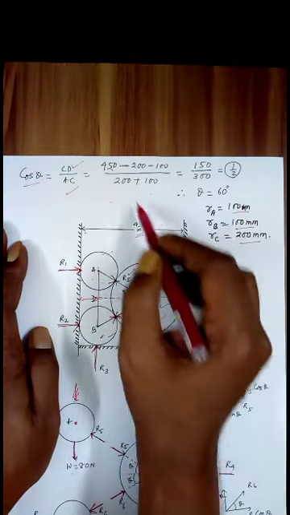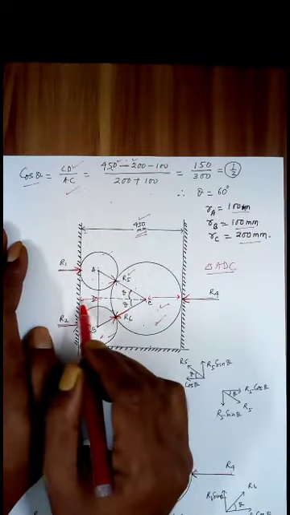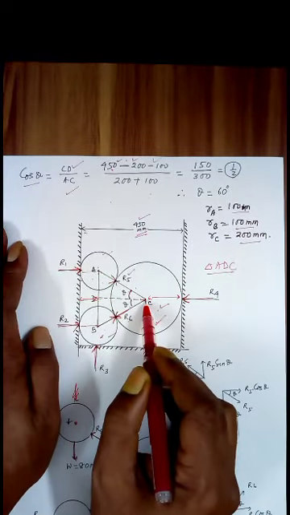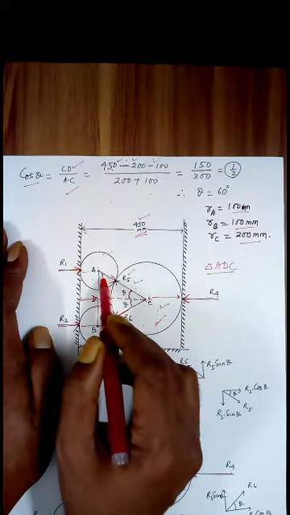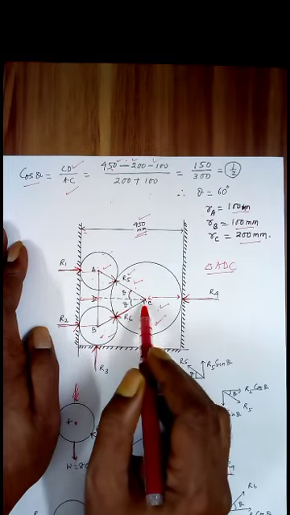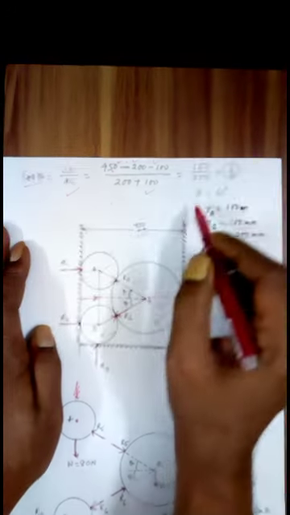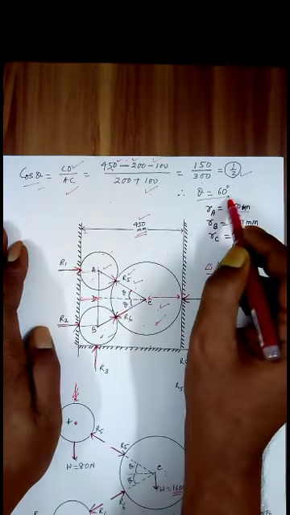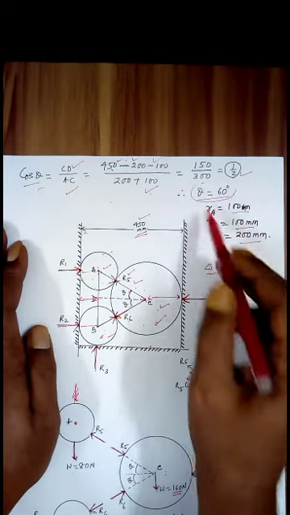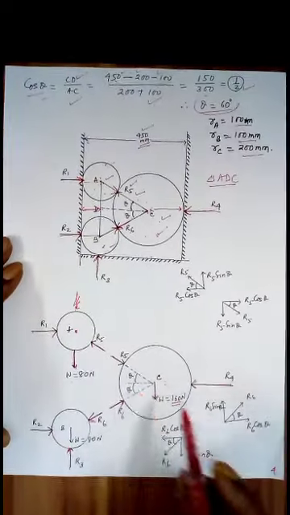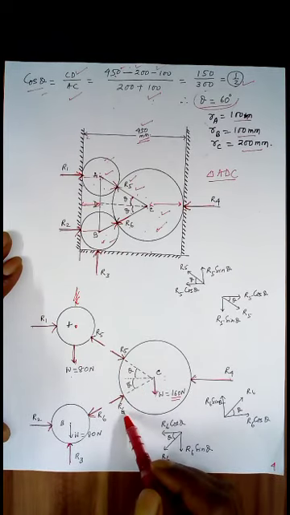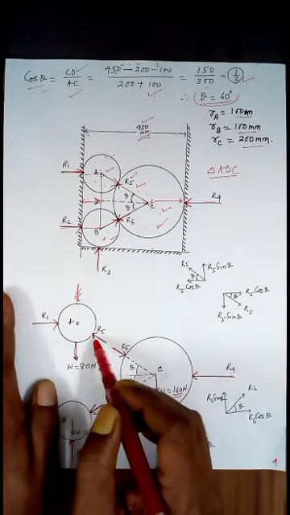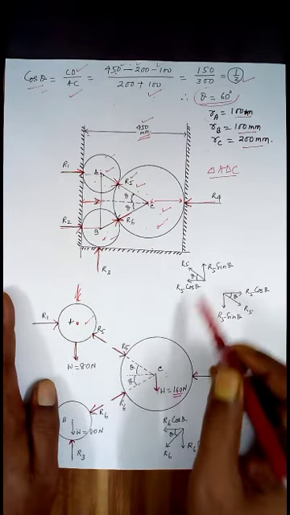So 450 minus 200, and minus the radius of this, which is 100, divided by the hypotenuse. This is the radius of this one, and this is the radius of this one: from here to here a radius, from here to here another radius. 200 plus 100 is 300, so it is equal to 150 over 300, that is half. So cos theta is half, therefore theta is equal to 60 degrees. This theta will be used for finding the components of R5 and R6, right? The components of R5 and R6. Now look, this R5, for this one, I have split it here.